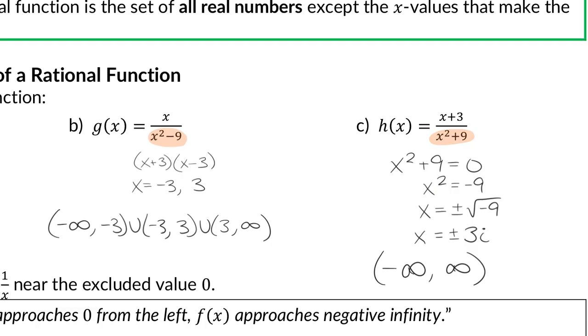There is not a single number that I can plug in that would make the denominator 0, since I'm squaring whatever number is there. So, and maybe write a note to yourself here, if you get an imaginary number as your solution, there is not a break in the graph there. It's okay to use the entire number line here because the only breaks, quote, in the graph are at imaginary places. And we don't graph imaginary things yet. You might in college.